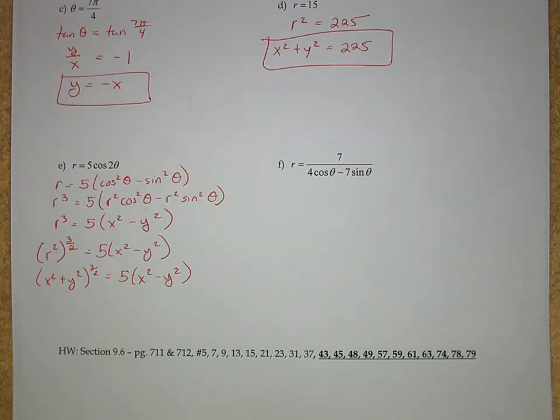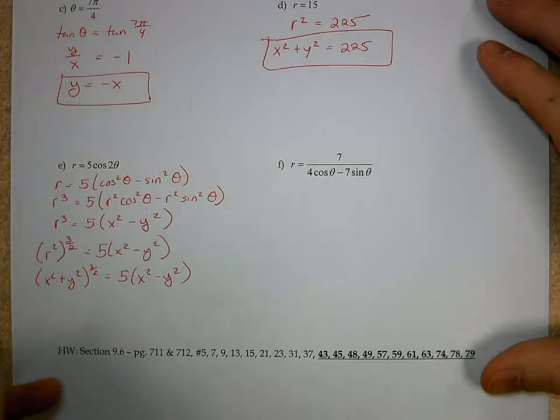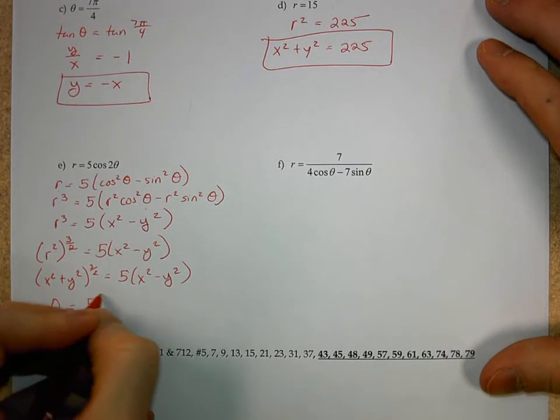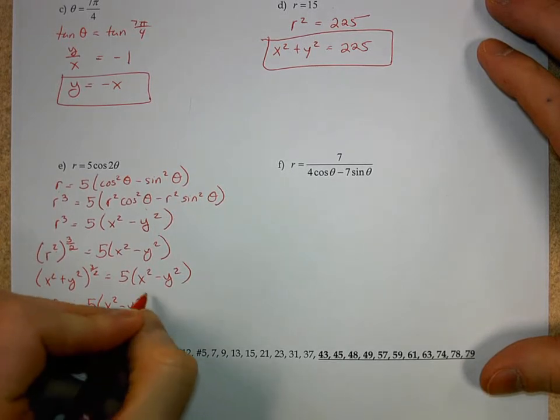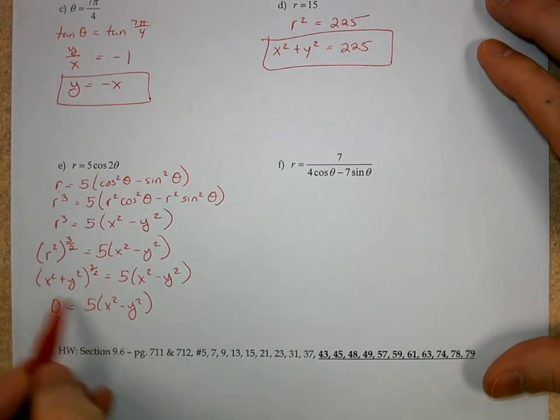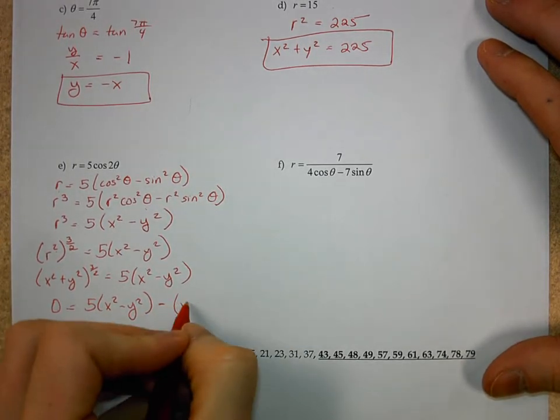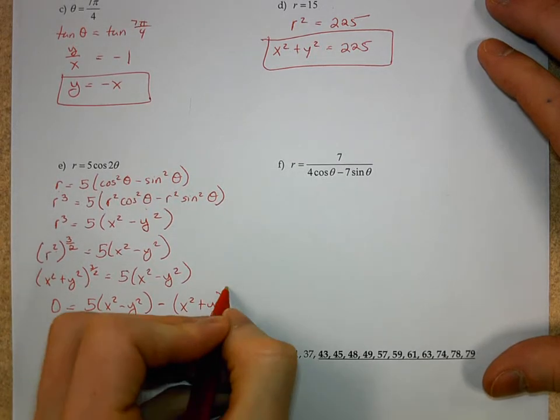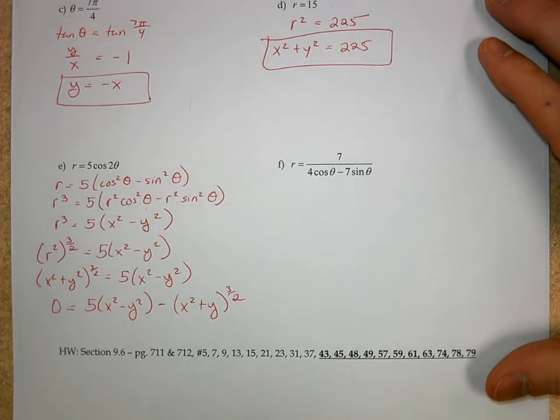So then the last thing we can do is let's set this quantity equal to 0. And if I do that, 0 is equal to 5 times the quantity x squared minus y squared. And then let's move this quantity to the other side. Minus the quantity x squared plus y squared raised to the 3/2.